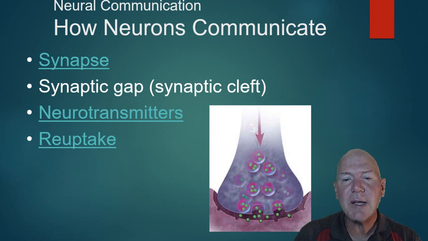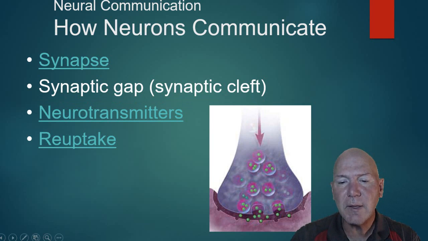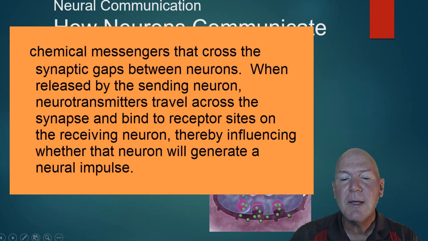And stored inside the vesicles, this would be the axon terminal of the sending neuron. This would be the receiving site of the dendrite. There are little vesicles that contain neurotransmitters, which are chemicals that are passed between the two cells.